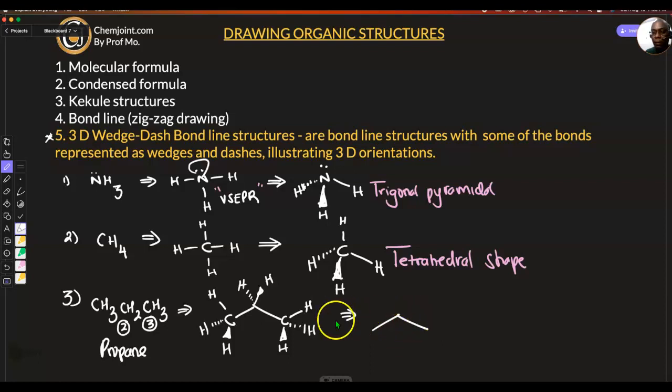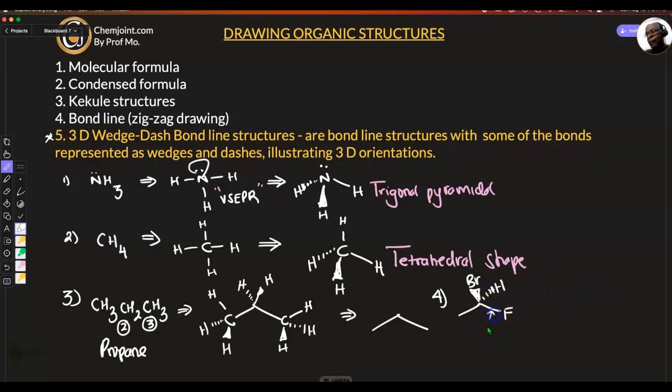Okay, and I can show you another unique example. Let's do example 4. Let's say that I have this structure with a bromine towards me and a hydrogen away. That is also 3D.